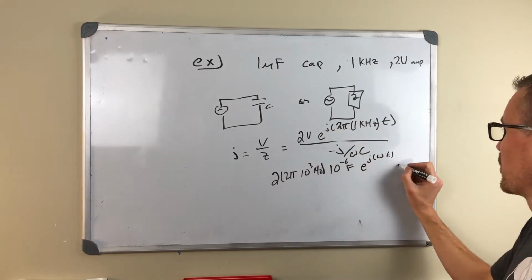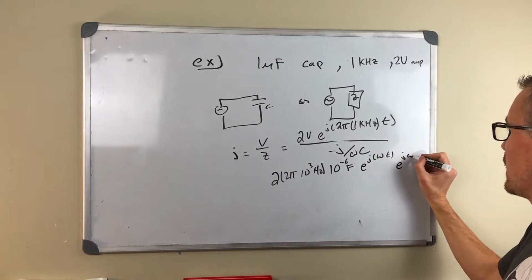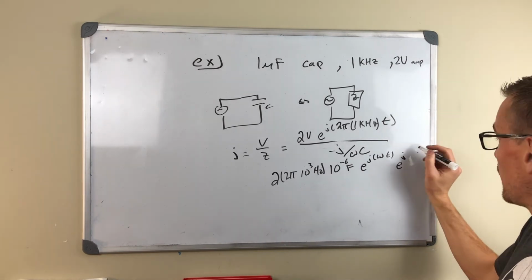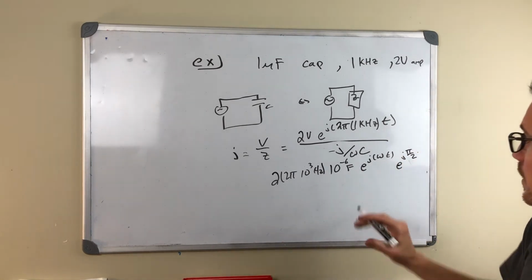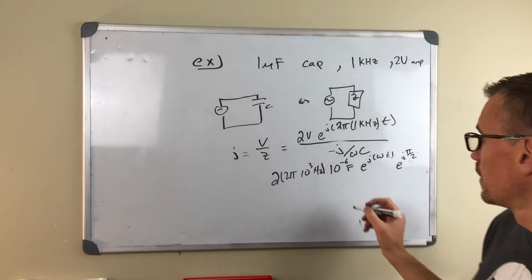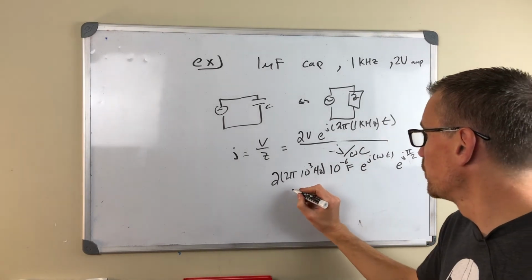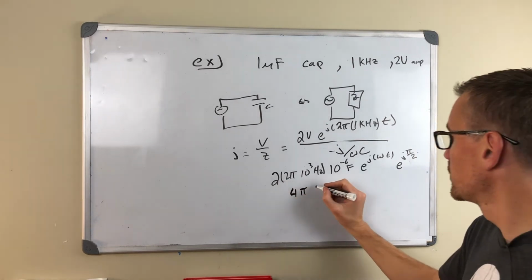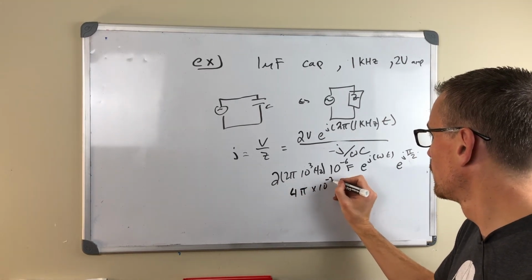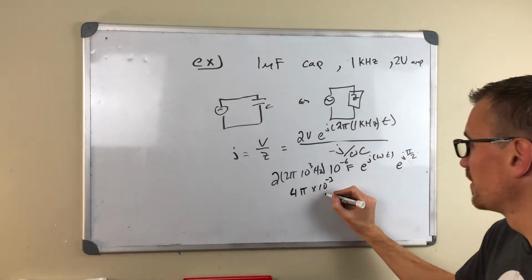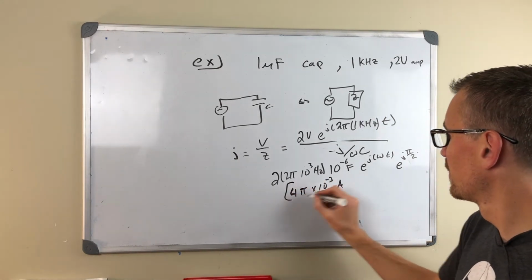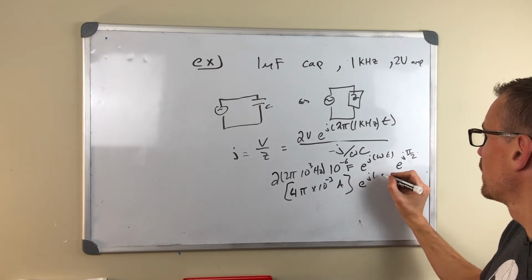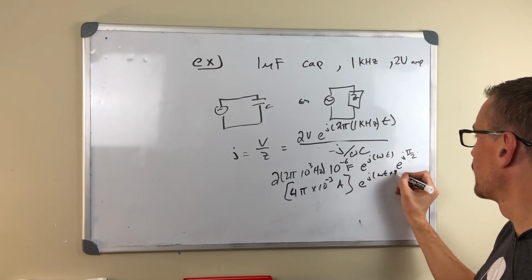So we have a j up here, which is e to the j pi over 2, right? We've got a j up there. So this is equal to 4 pi times 10 to the minus 3 amps times e to the j omega t plus 90 degrees.